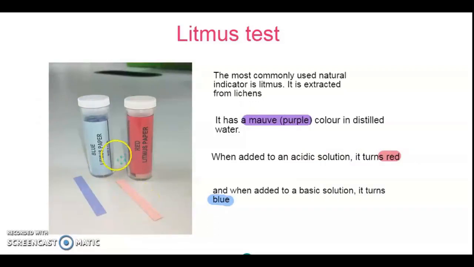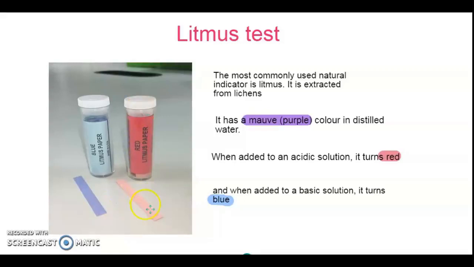And at last you get a red litmus paper. And for blue, what will you do? Yes, you will take the extract, add some basic solution, and as the solution turns blue, you will dip the paper inside that solution and you will get a blue litmus paper. This is how you get the litmus paper.